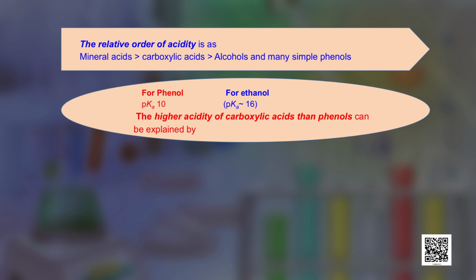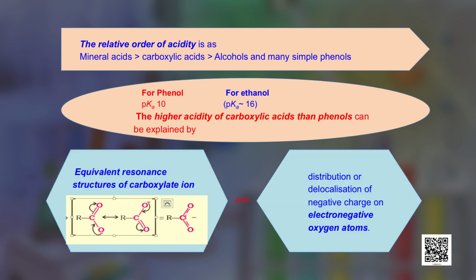The higher acidity of carboxylic acids than phenols can be explained by two arguments. The first is equivalent structures of the carboxylate ion.